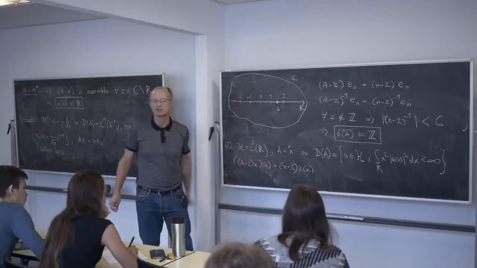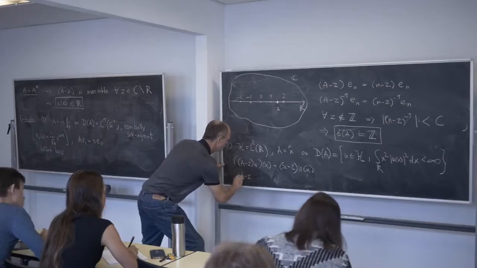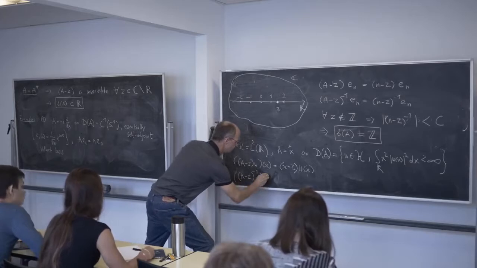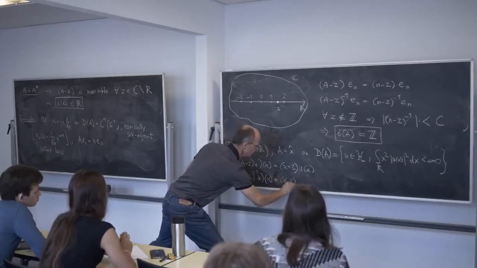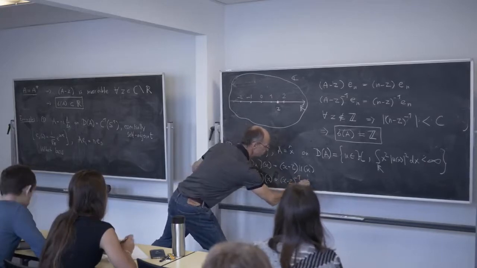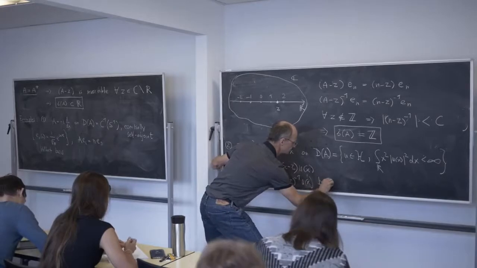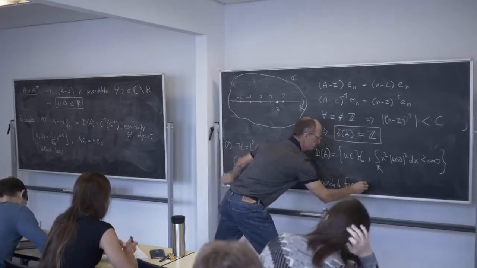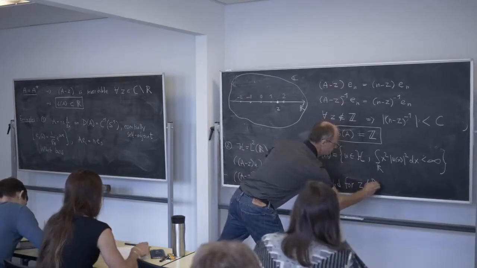So we can easily define a bounded operator, which is simply multiplication by the inverse of this function, bounded for z outside the real line.